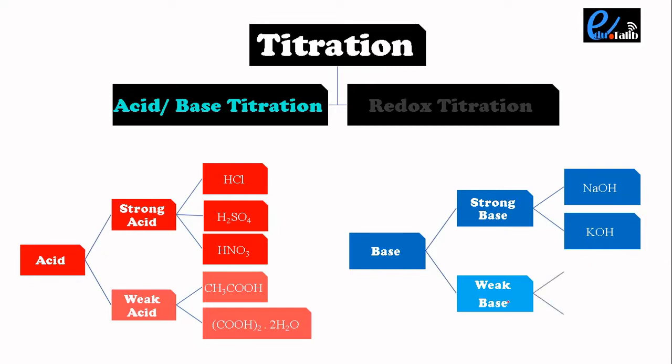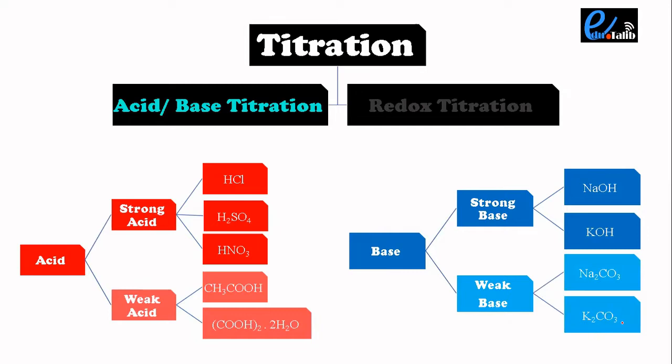The second classification is the weak base, and the general examples of the weak base are Na2CO3, that is sodium carbonate, and K2CO3, that is potassium carbonate.